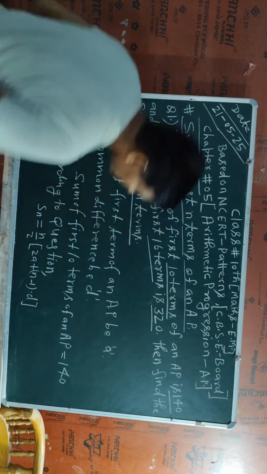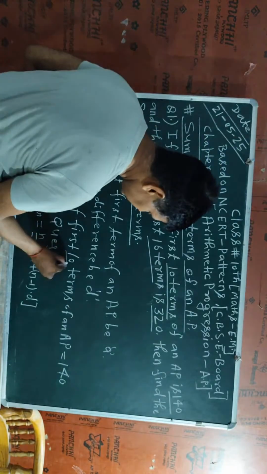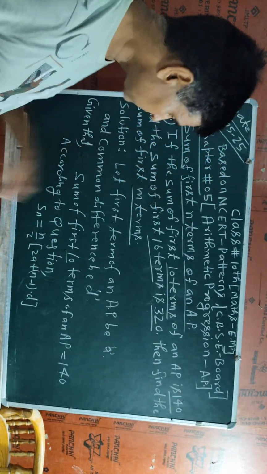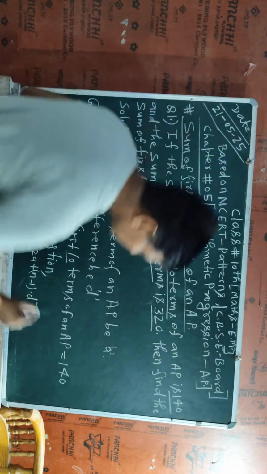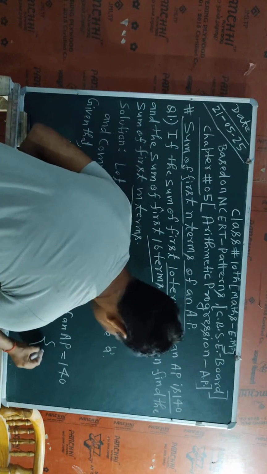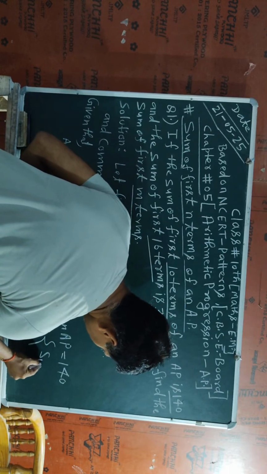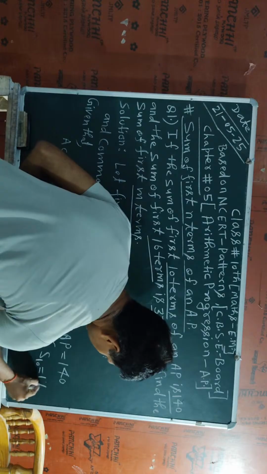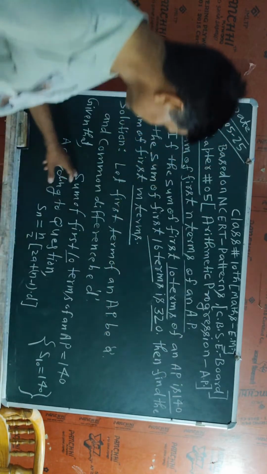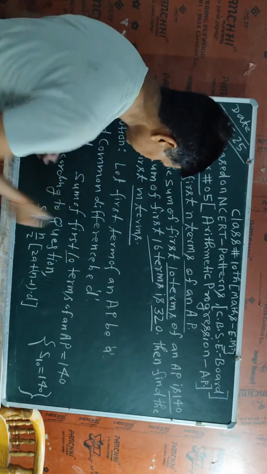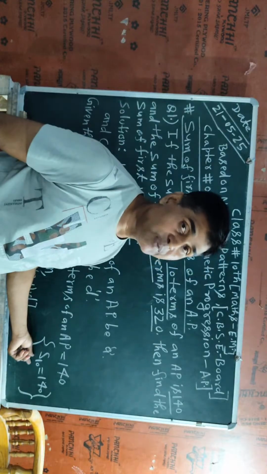Okay student, now I have to put the value of n as 10, and also in standard form I will write S10 which is equal to 140. That is given in the question. So this word information I have written here in mathematical form.